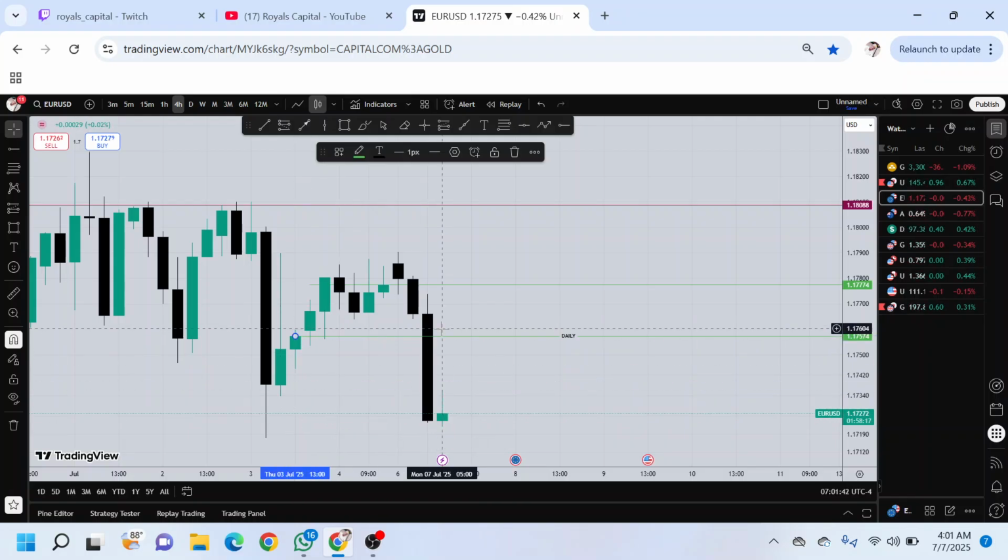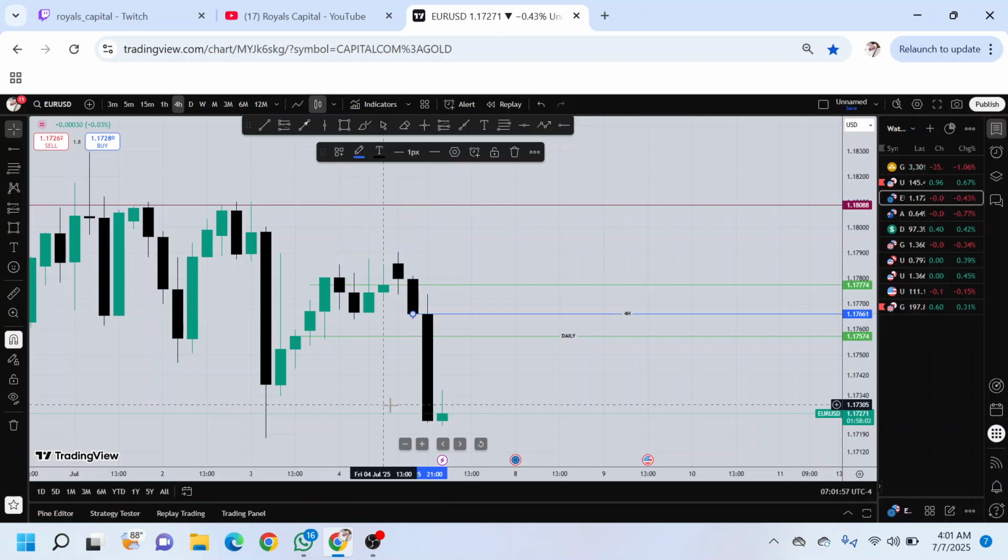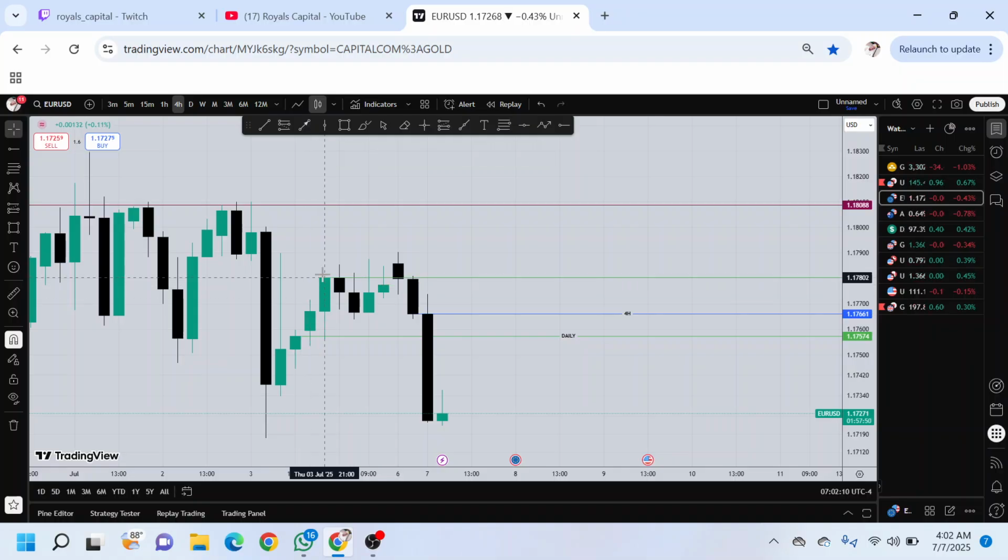So once price comes back down here, I'll be observing it, and then I have this open close right here on the 4 hour. For this level, oh no, I'll just leave it there. And this other level, I'll refine it right here.